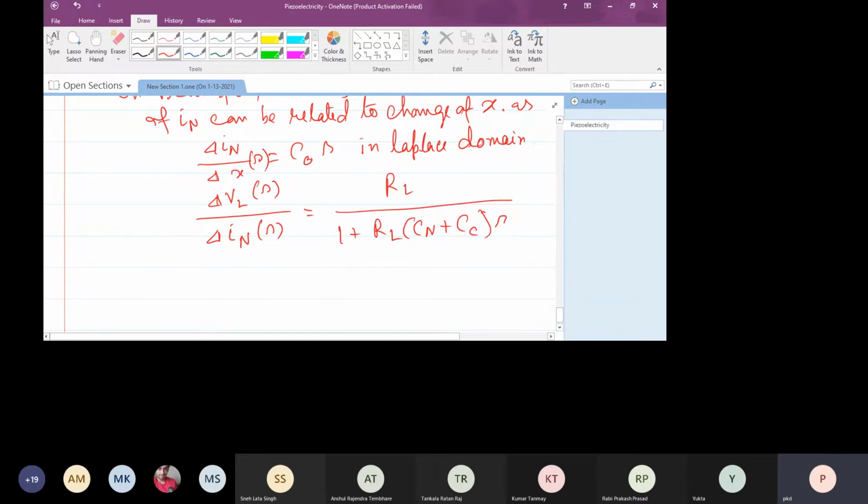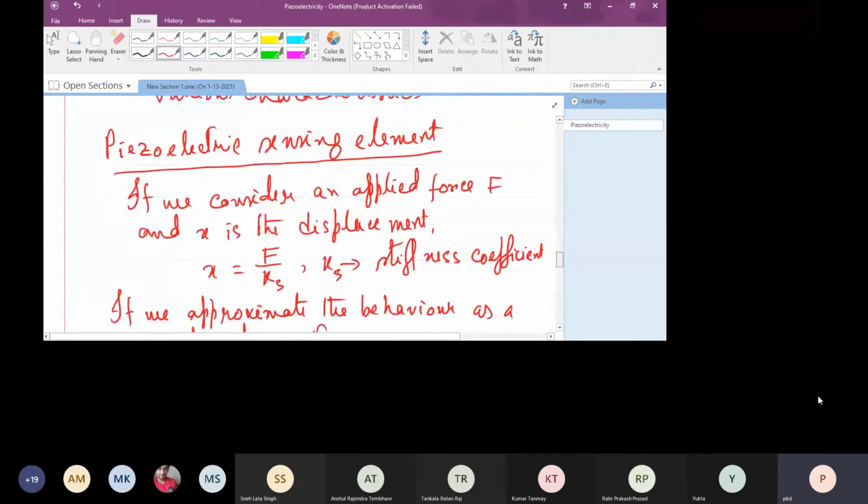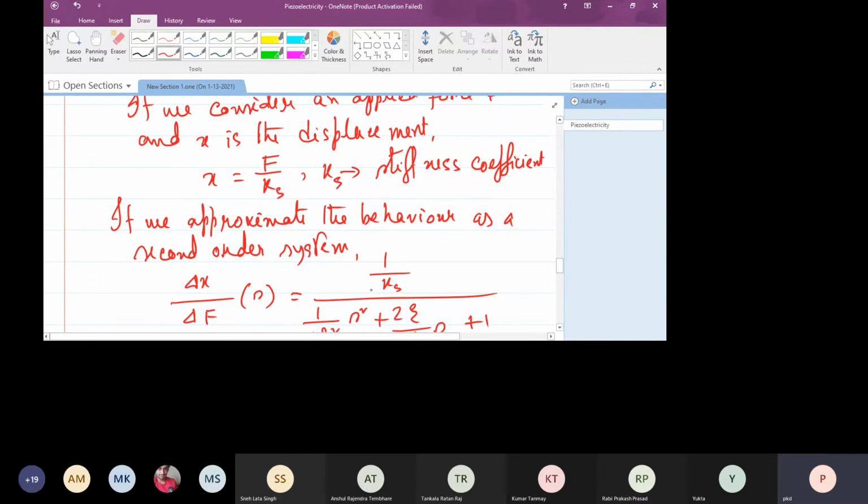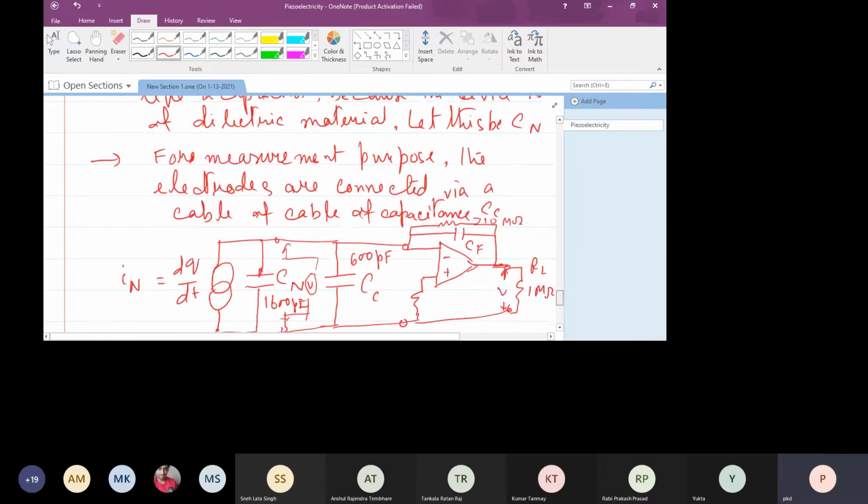Now, if we go back to our original relation, where force was applied, X was F by Ks.